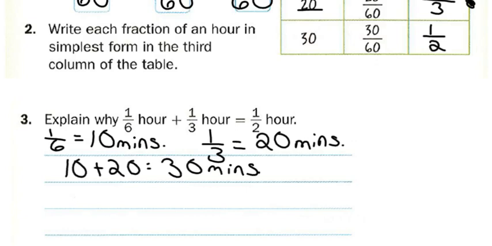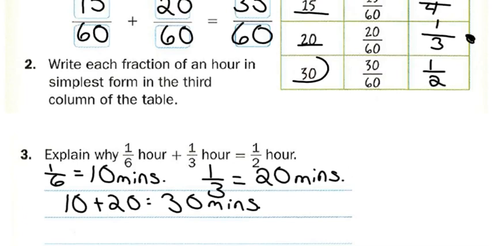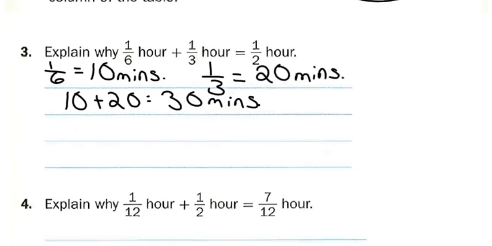Again, look at our chart. 30 minutes is right here, which is actually half of an hour. So it really does work out. That's kind of cool. Looking at alternate forms of those fractions, what do the fractions really represent? What quantity do they represent? That helps us understand how this 1/6 plus 1/3 is actually a half.